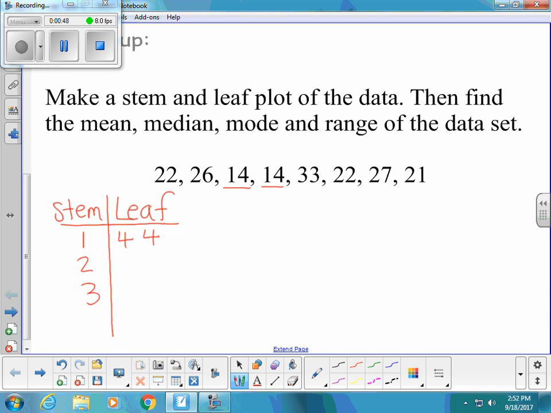For our 20s, we're going to have 22 twice, 21, 26, and 27. So in order, that's 1, 2, 2, 6, and 7. And then for our 3, we'll have our 33.